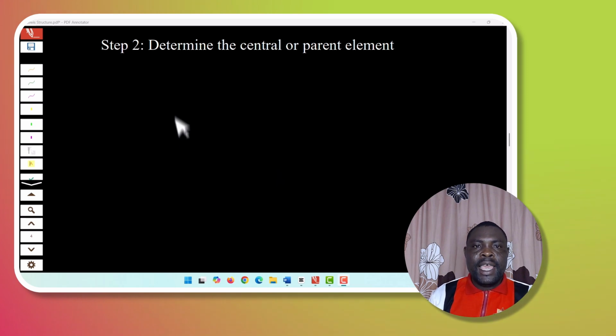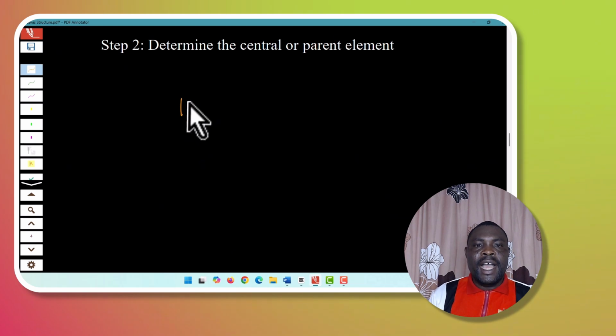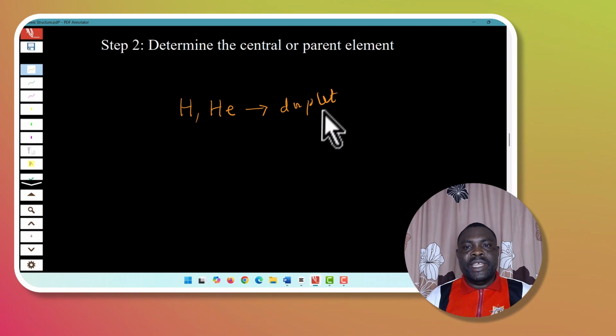That is, hydrogen and helium, which obey the duplet structure, cannot be a parent element. Hydrogen and helium cannot be a parent element because they obey the duplet structure.